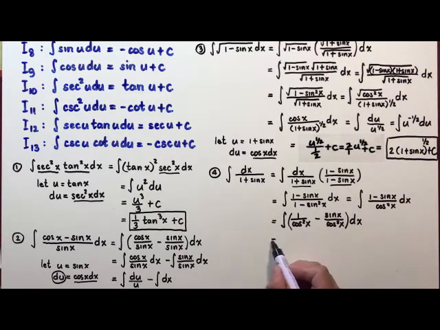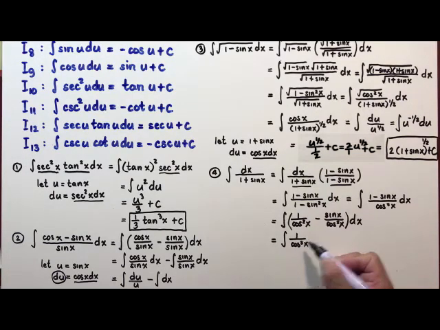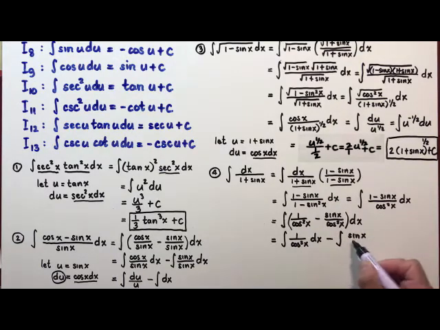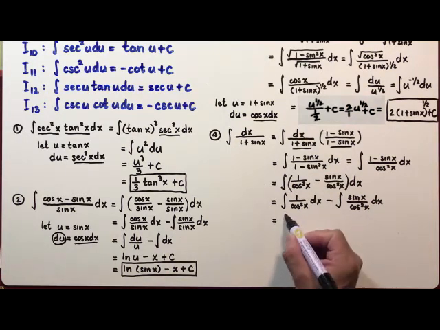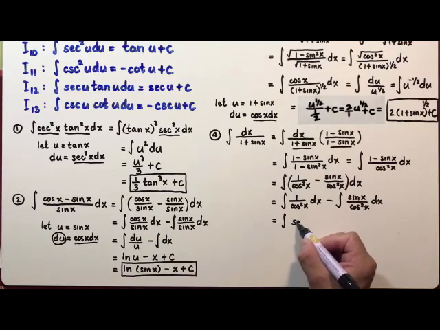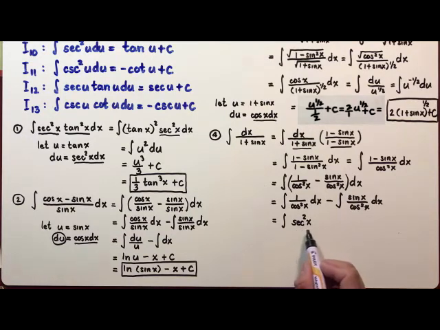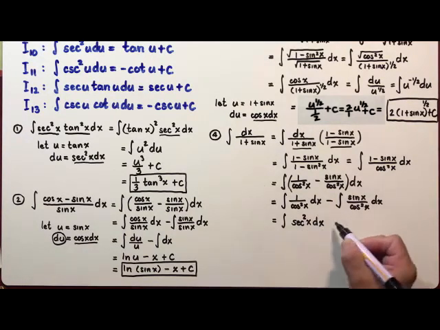And we know that the integral of a difference is the difference of their individual integrals. So this is the integral of 1 over cosine squared x dx minus the integral of sine x over cosine squared x dx. And I can apply another identity here, that this is equal to the integral of secant squared x, because we know that 1 over cosine is secant, and we still have dx here.